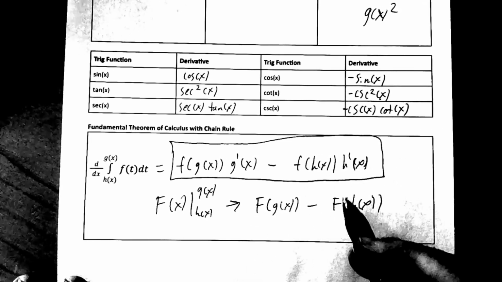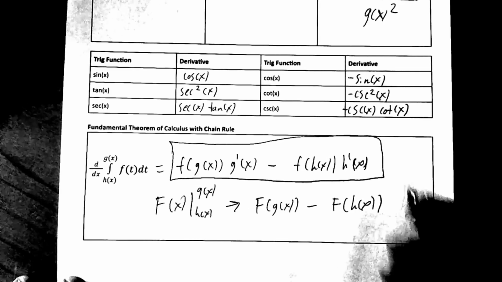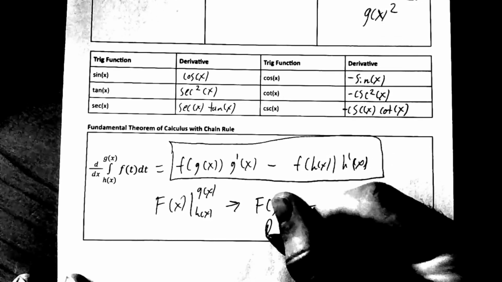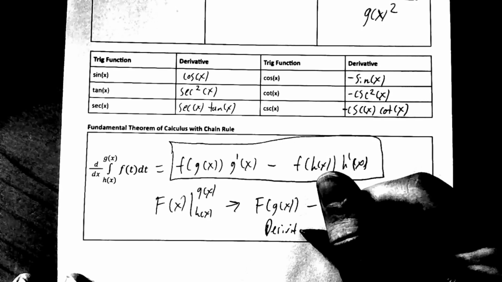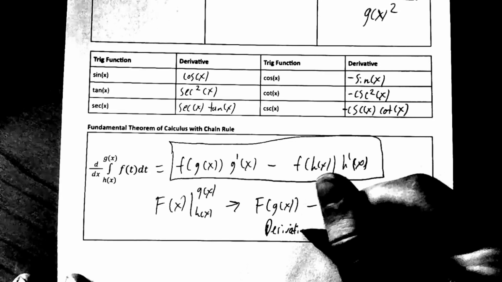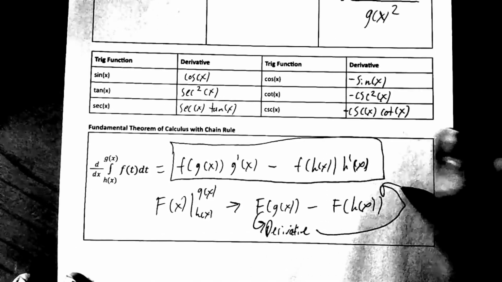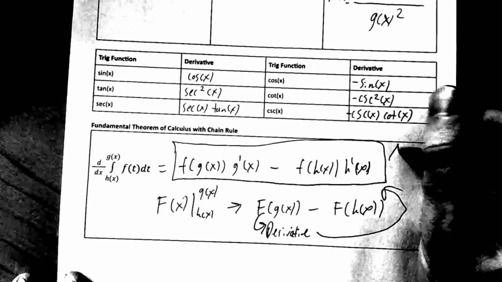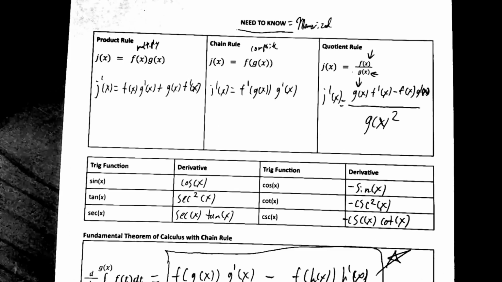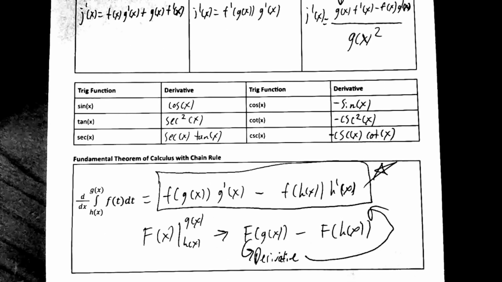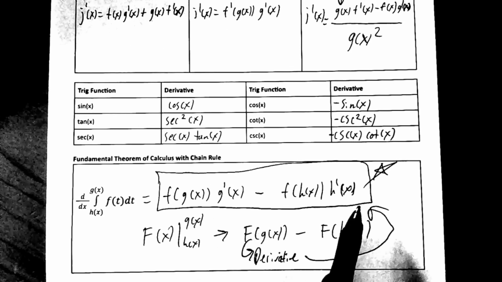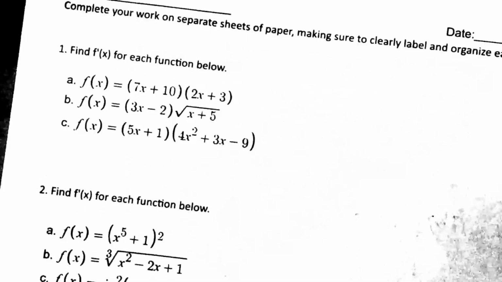And then you take the derivative of that, and that's how you get there. So again, just to remember that. But this is what you need to know up here, and that's it. I mean, it's not that much to memorize. So you have the rules, the trig derivatives, and then the fundamental theorem of calculus, which is just adding that chain rule part. Okay, we're going to start with some problems.